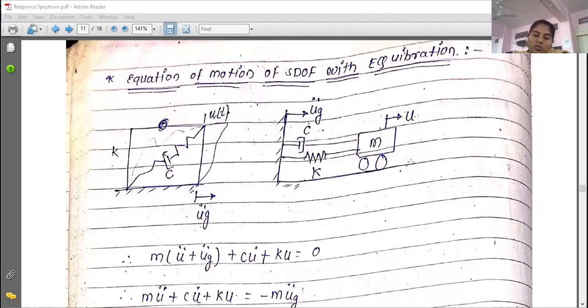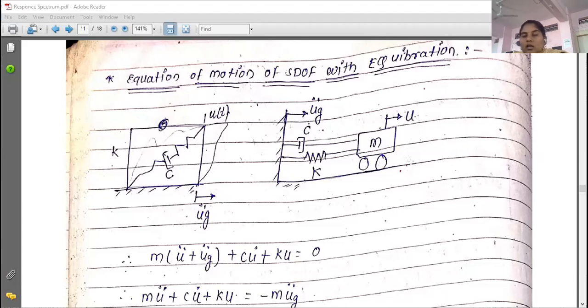After that, with the Duhamel's integral, we wrote the equation of motion by considering different boundary conditions, and used it to solve general dynamic loading for a constant force. Again, we used this Duhamel's integral to solve general dynamic loading for triangular as well as rectangular loadings.